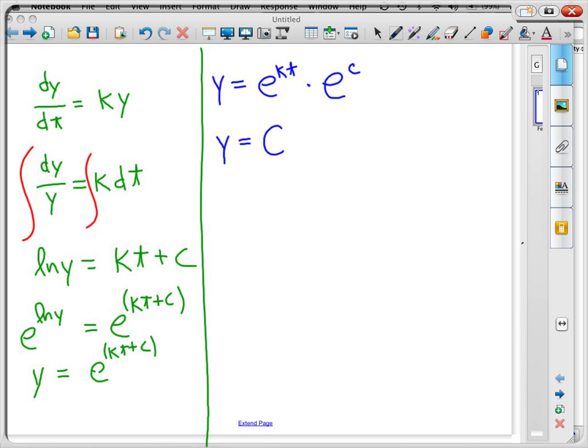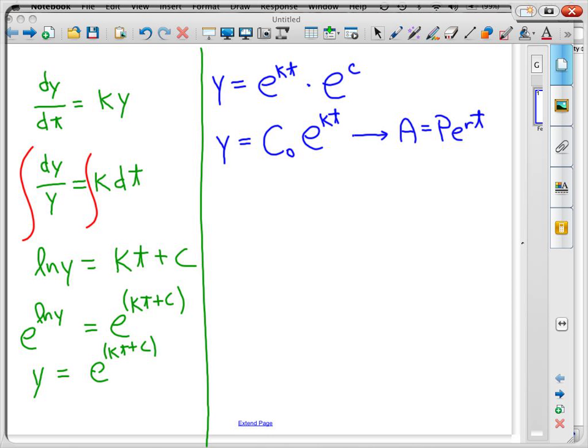Some people use c sub 1, some people use c sub 0. I'll use c sub 0 times e to the kt. I want to remind everyone that this sometimes looks like this formula, which many students are familiar with from work in other courses. It's really the same formula, just slightly different variables being used.